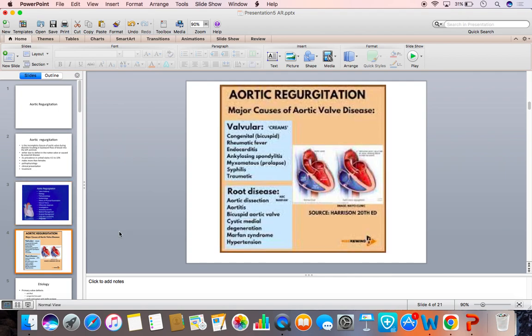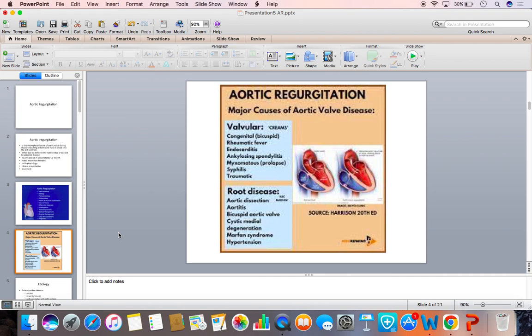So, aortic regurgitation and its causes. It could be valvular or root causes. The valvular causes include a congenital bicuspid valve, and rheumatic fever, which usually causes aortic stenosis but can also result in aortic regurgitation. Bacterial endocarditis damages the aortic cusps, resulting in aortic regurgitation.